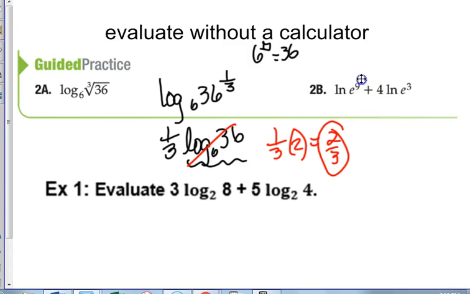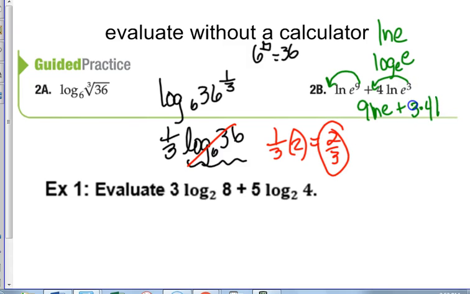Okay. What are we doing here? ln of e. What happens? This really means log base e of e, which means e to what power is e, which is 1, yes? So, we move this out here. We get 9 ln of e plus, ooh, what happens here? 3 times 4 ln of e.